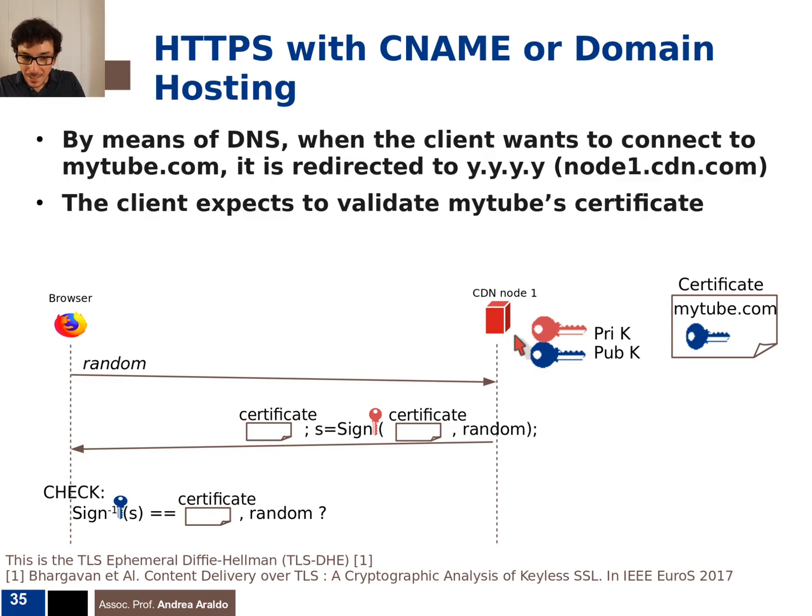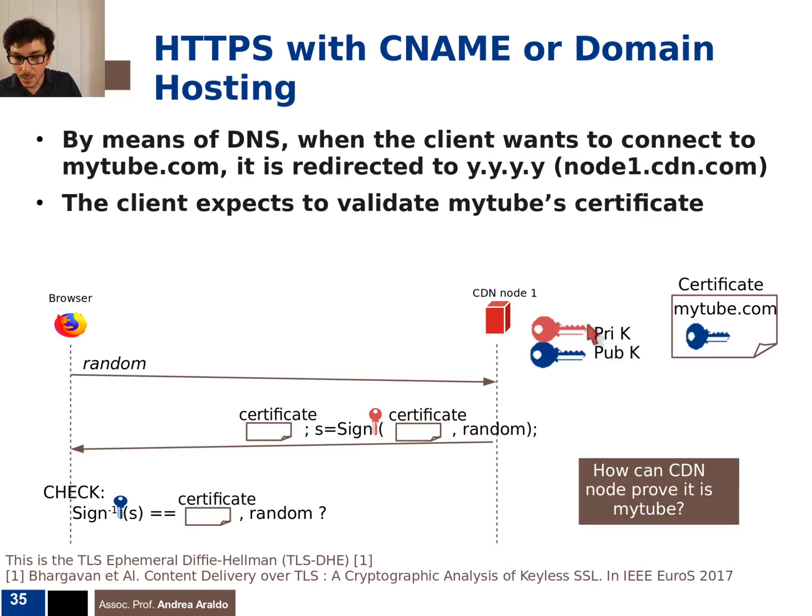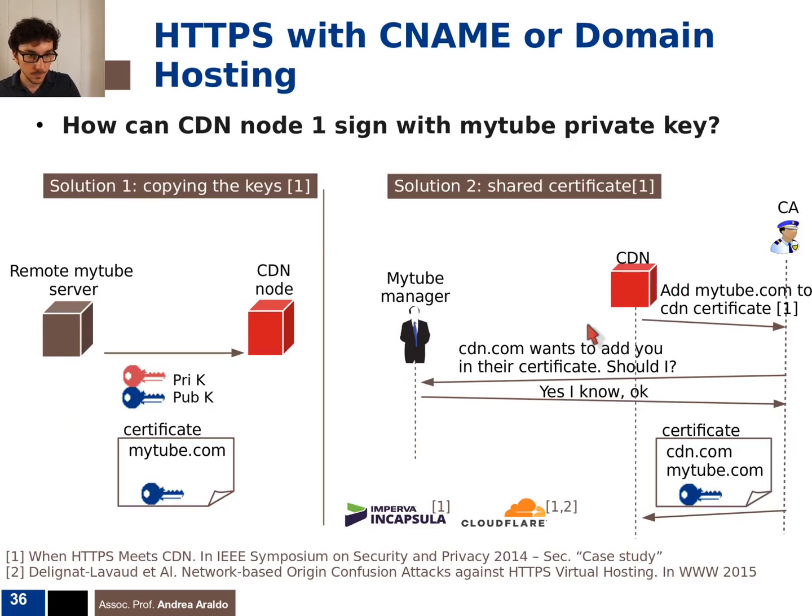So the simplest thing one may think of is this one, the first one, meaning that when MyTube wants to use the services of CDN, it just sends to CDN not only the content itself, but also the key pairs.